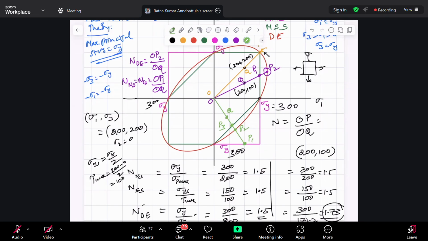But otherwise, it is better to use distortion energy theory. If you are very confident on the calculation of your stresses in the body, then you probably want to use distortion energy theory in order to reduce the weight of the component because it is less conservative. Is that clear? Yes. Any other questions?